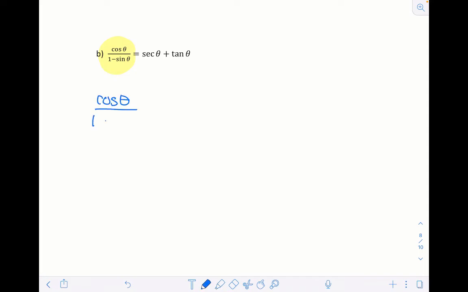Because when you first look at it, it might look like there's not really much to do. I have two terms in the denominator, so I can't split these up into two separate fractions. There's no squares, so there's no Pythagorean identities. If we remember algebra, I can't simplify cosine over sine because of that 1 minus sine in the denominator; I can't view the sine as a single separate term.